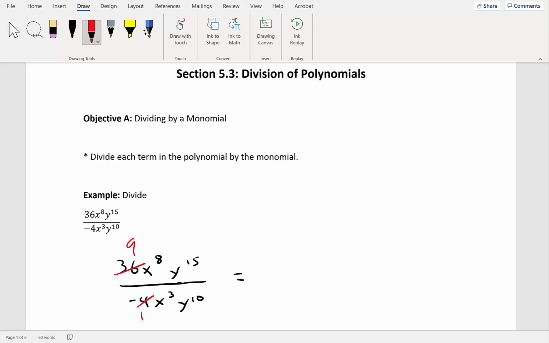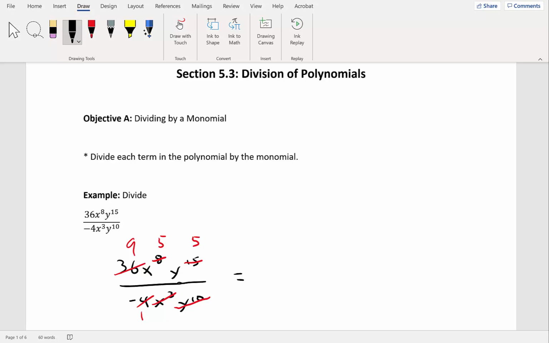Now when we're dealing with the variables, we have x to the 8th in the numerator and x to the 3rd in the denominator. When you're dealing with variables, what you can do is cancel out. The 3 x's in the denominator are going to cancel out with 3 of them in the numerator, leaving me with just x to the 5th. Same thing with the y's. The 10 y's in the denominator cancel out with 10 of them in the numerator, leaving me with just y to the 5th.